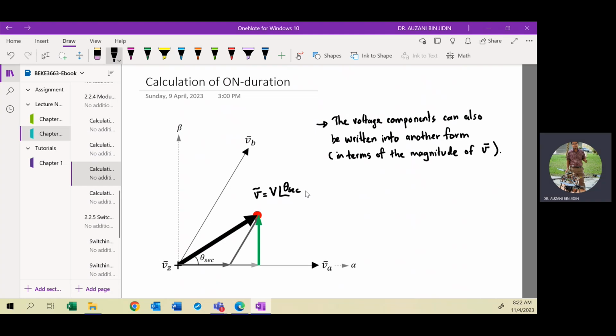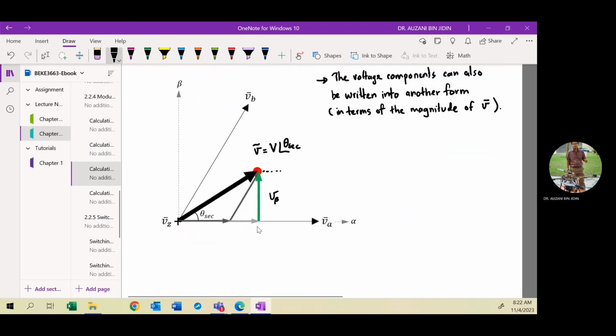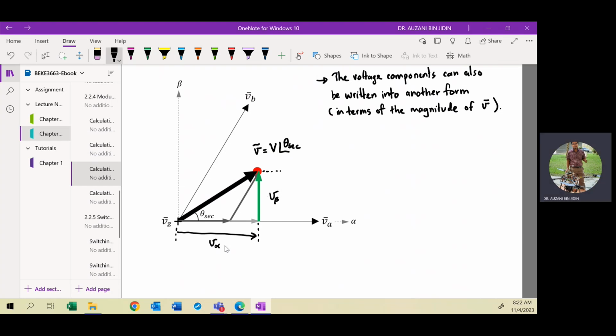Remember, for your V, the imaginary part is the V beta, and the real part is the V alpha. Your V alpha and V beta you can express using the magnitude and the cosine function.